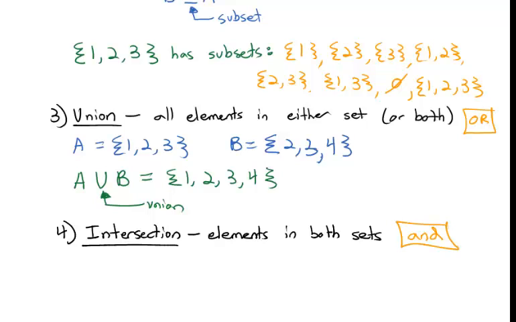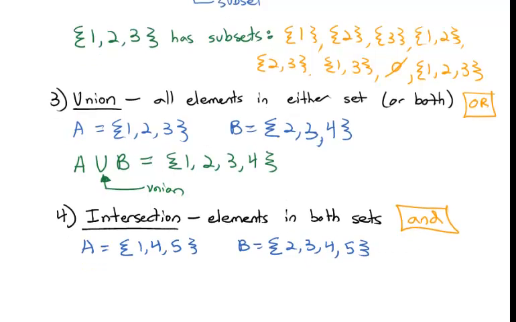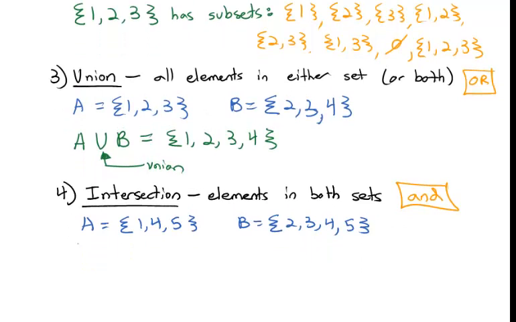It's in set A and set B. So for example, if one set, I'll call it set A, is 1, 4, 5, and set B is 2, 3, 4, 5, we might try and find A intersect B with this symbol.